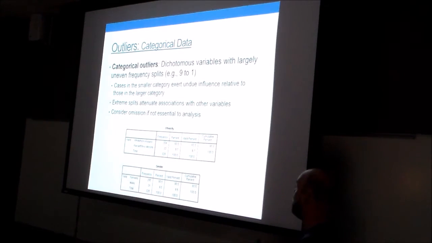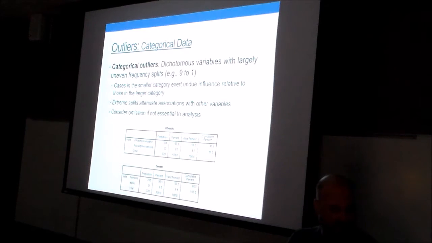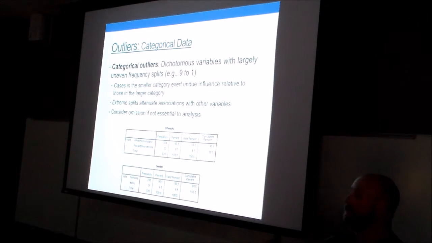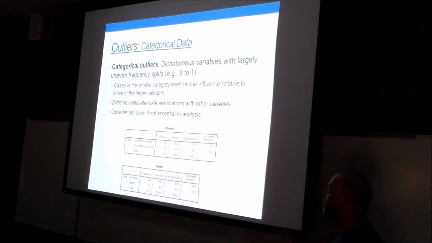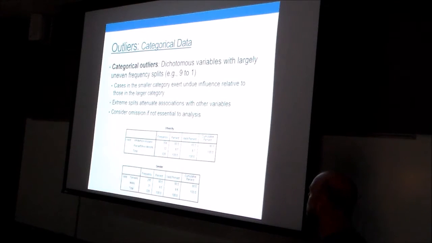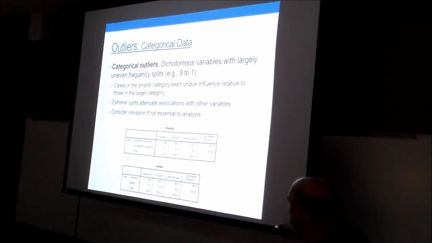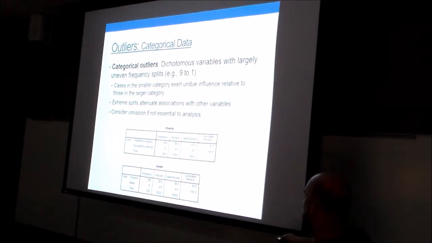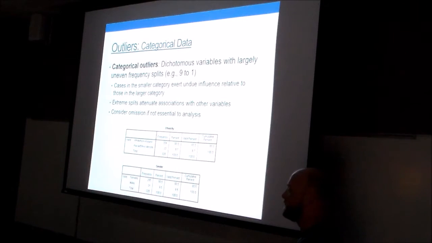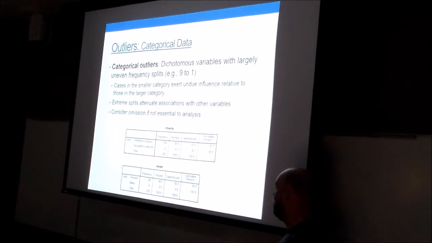Categorical outliers in a dichotomous variable we're going to see in data where we have very unequal splits, on a ratio of 9 to 1. So I'm interested in looking at gender in my sample, but 90.5% of my sample is women, and only a very small set is males.